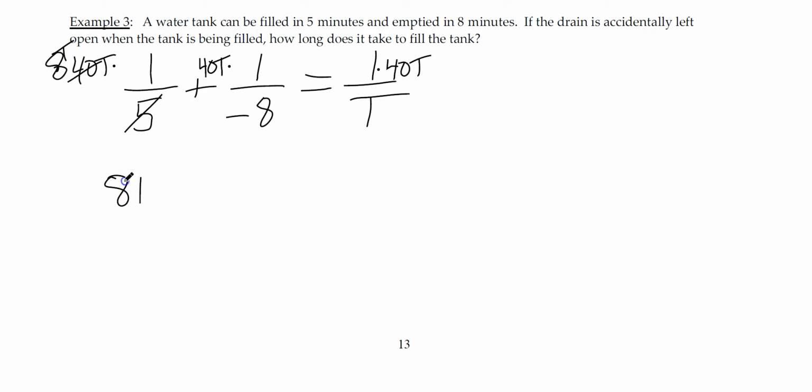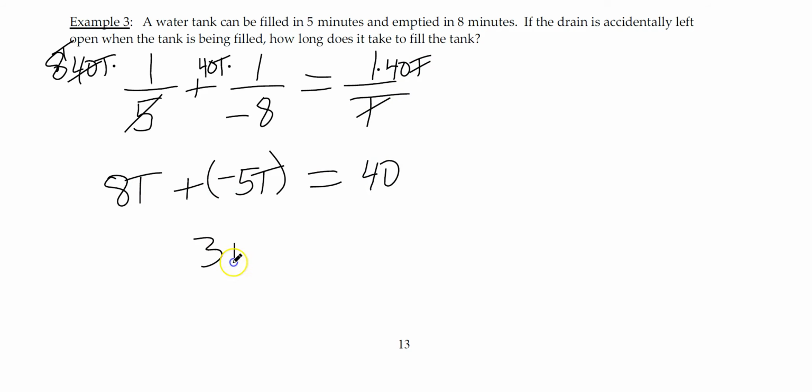That's 8t plus this one reduces to leave negative 5t. And this one reduces 40. So that would be 3t equals 40. So t equals 40 over 3, which is about 10.3. The units here are minutes.